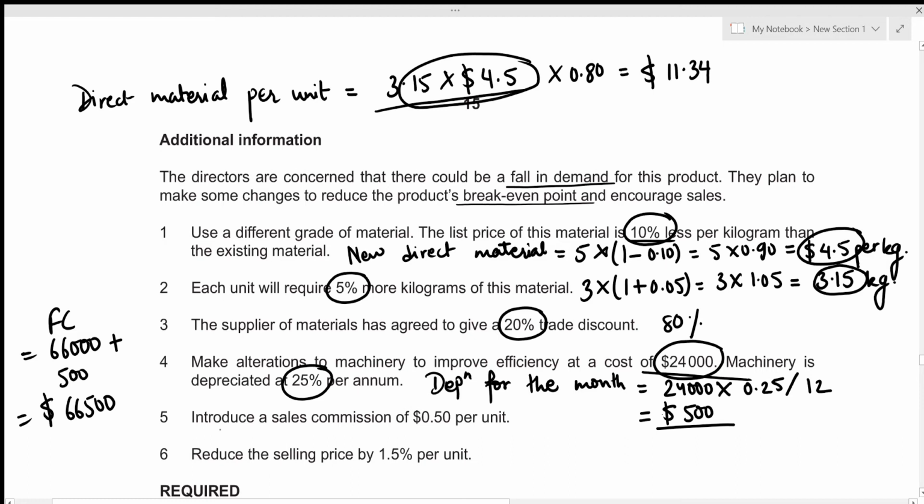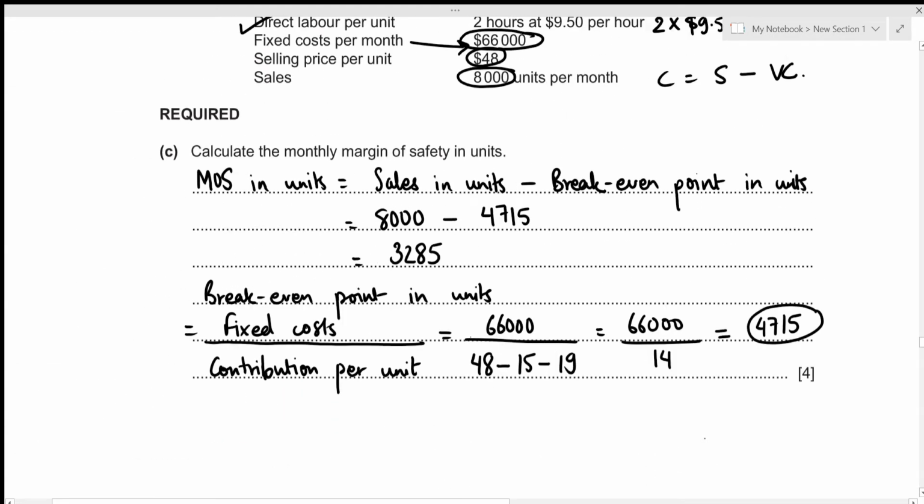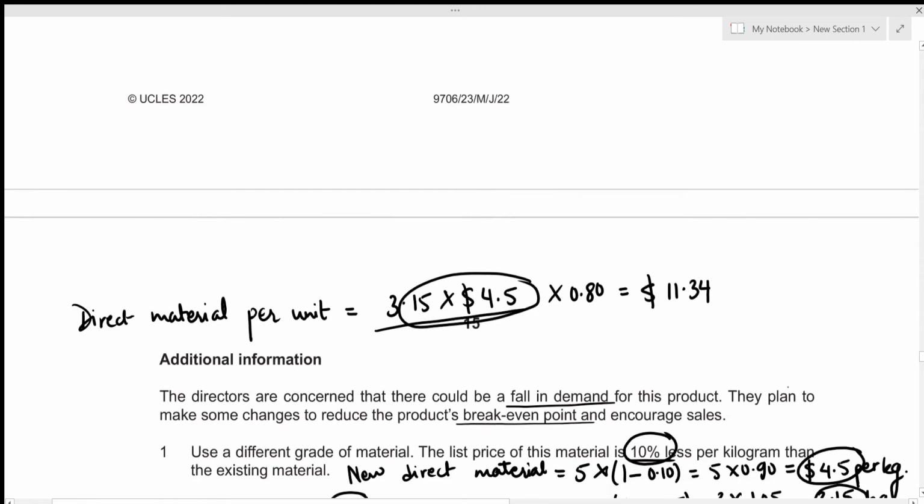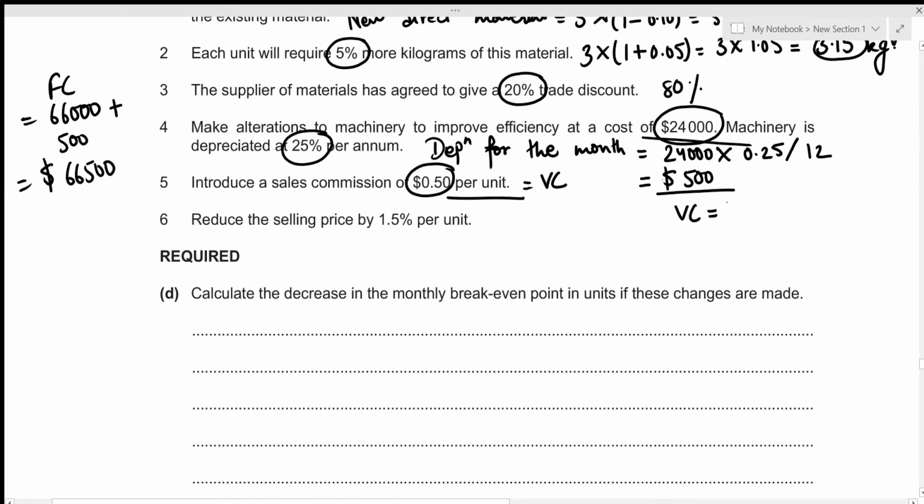Okay, for the fifth part, we will also be introducing a sales commission of 0.50 per unit. Since this is a per unit cost, this is a variable cost, right? Which means that our contribution will also change. So let's figure out the total new variable cost. Let's have a look above for our direct labor. The direct labor per unit remains unchanged, which means it will still be 19. So the variable cost, first one is direct labor at the rate of 19 per unit.